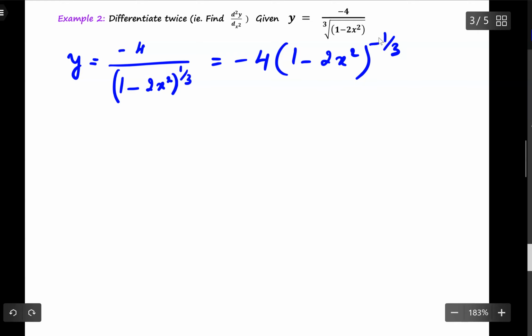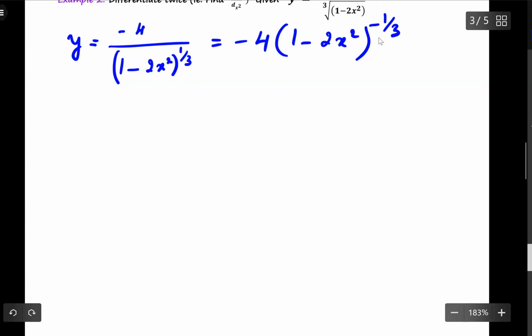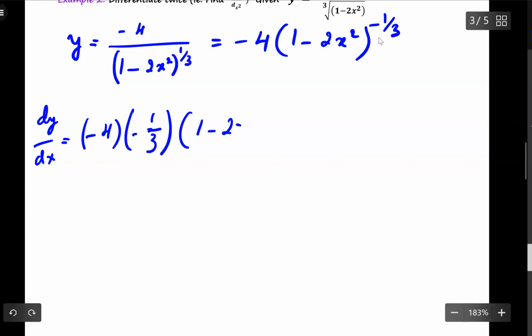Okay, so now y prime, or dy over dx. I will take -4, I multiply this with -1/3, and then I will take 1 away from the exponent. So this will become -4/3. Don't forget to multiply with the derivative of what is inside the bracket here, the chain rule. So it will be -4x.